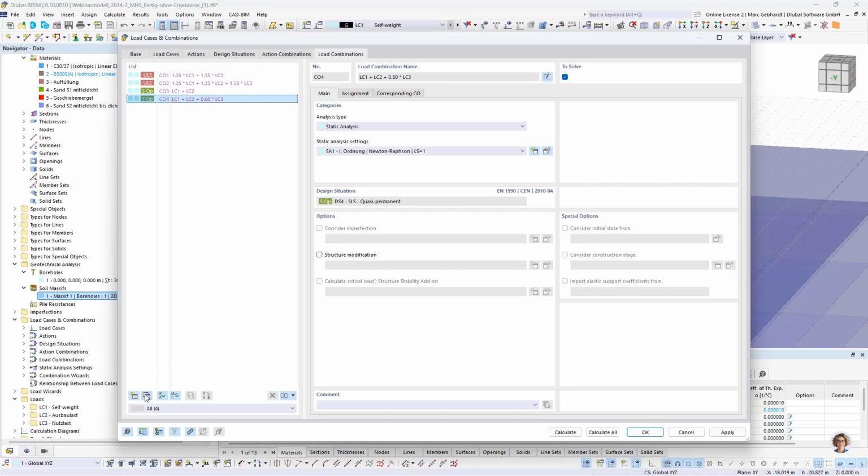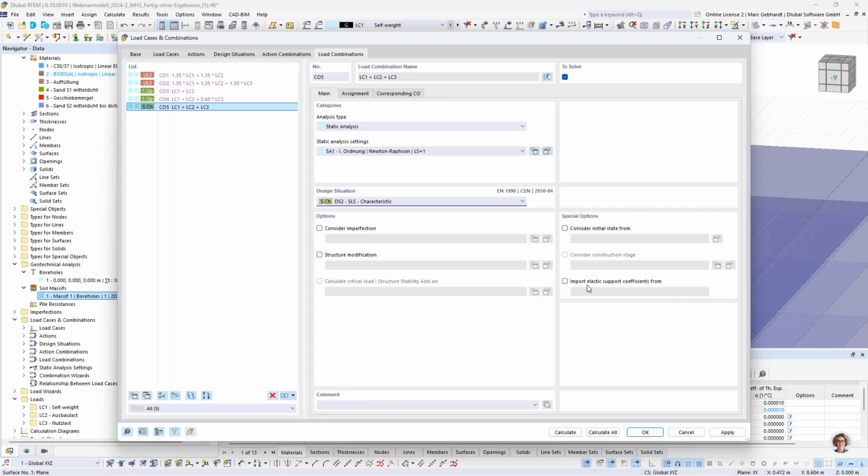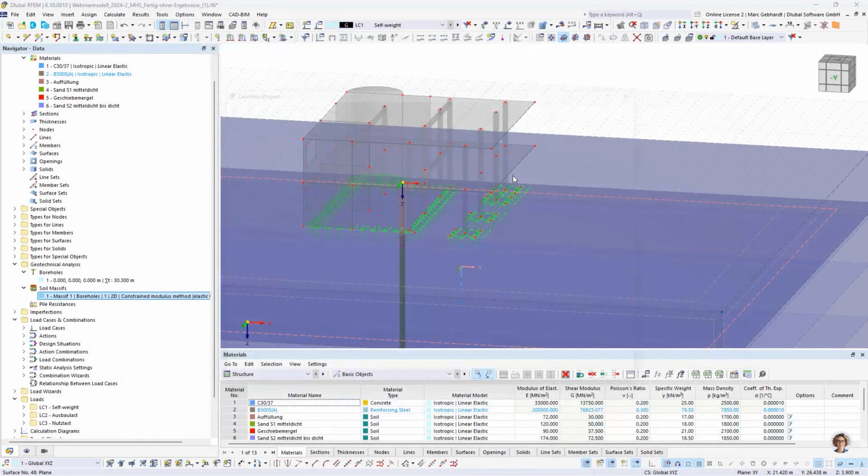We can also assign them by hand by taking a new characteristic SLS combination, setting the factor 1, and assign them by ourselves here. Now we can calculate all of them.